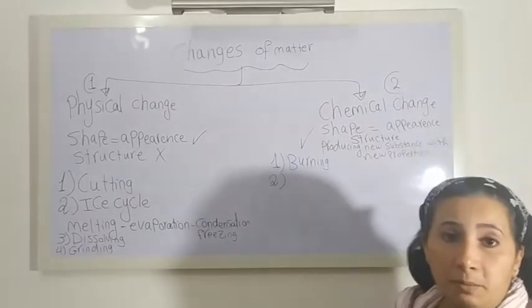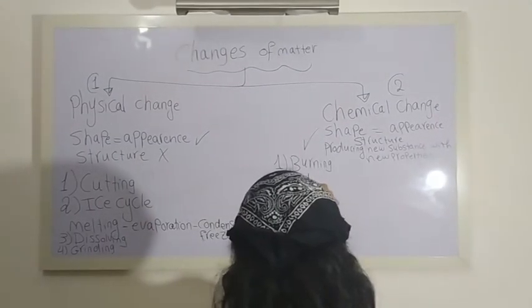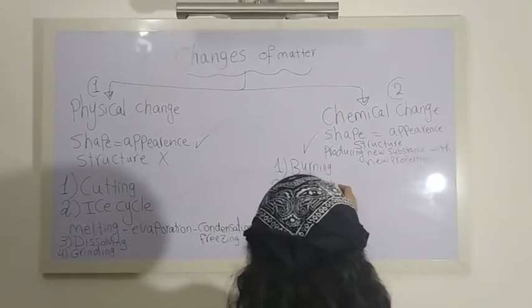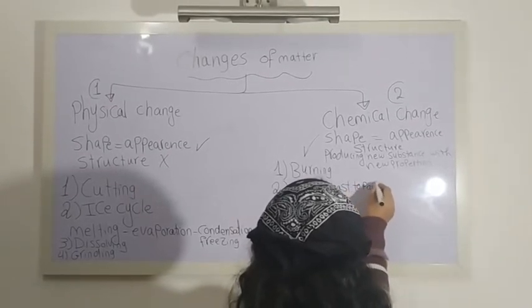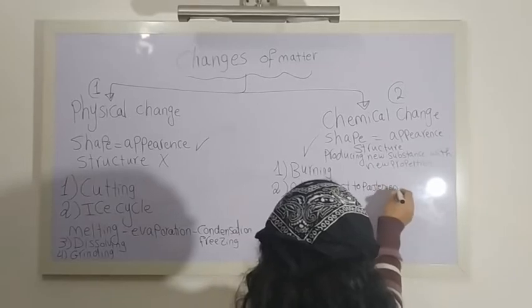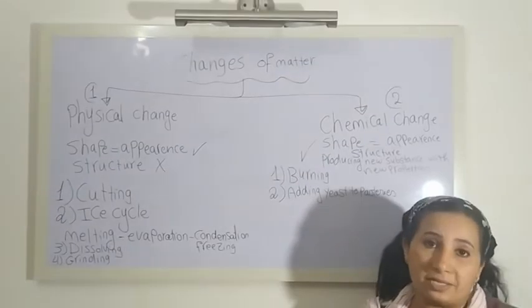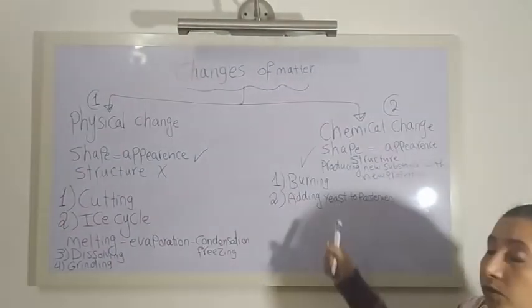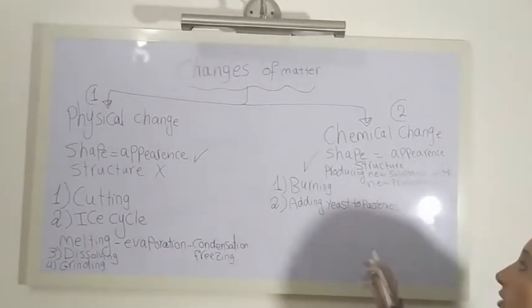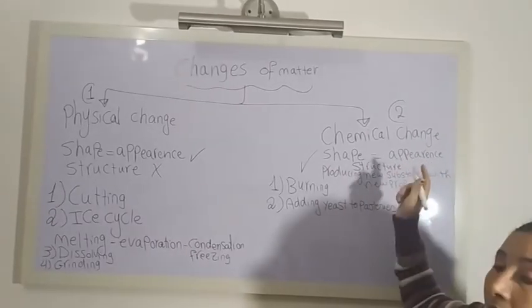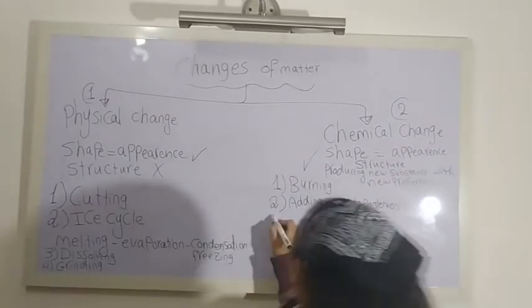Number 2 of the chemical changes, adding yeast to pastries. If I add yeast to pastries, it's a chemical change because it changes in the shape and appearance, and also in the structure. Okay?